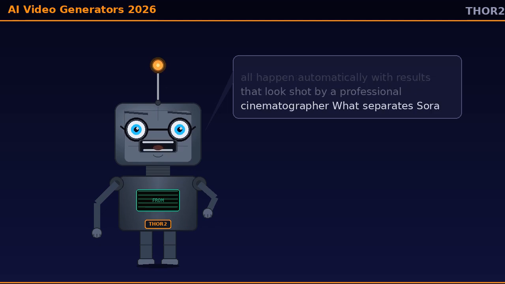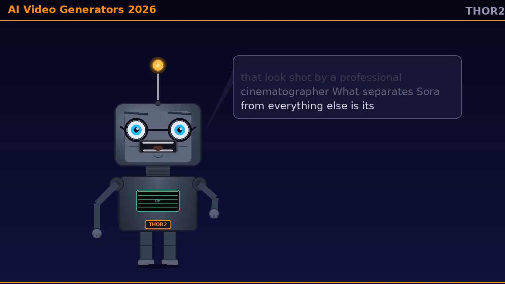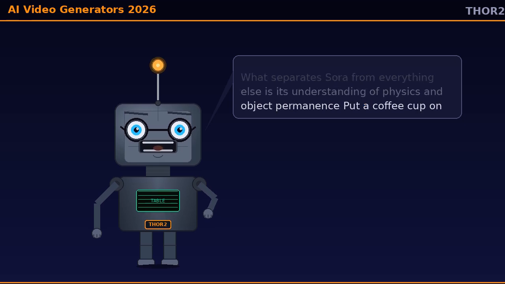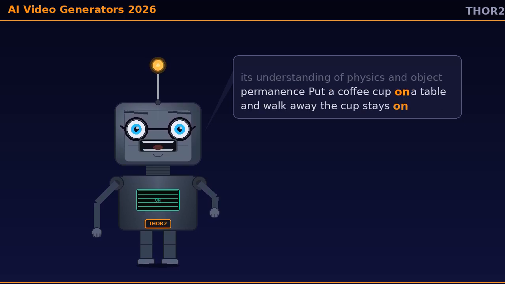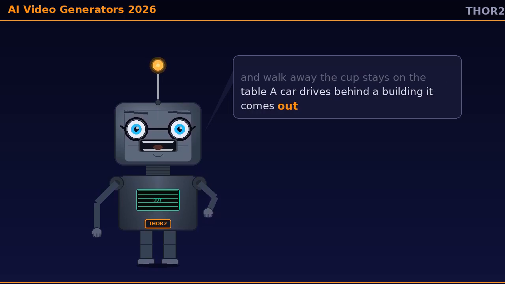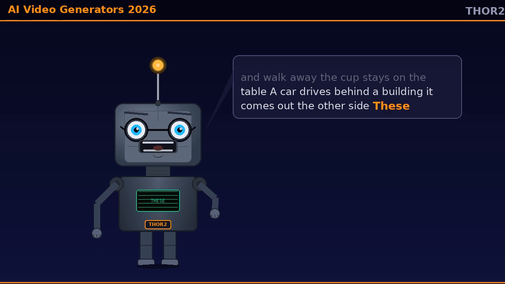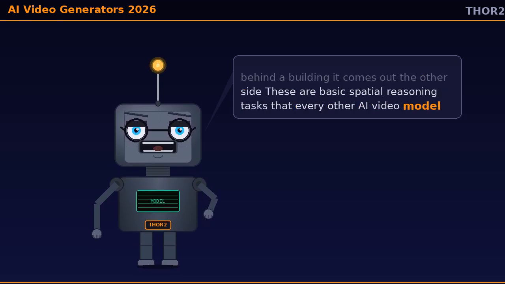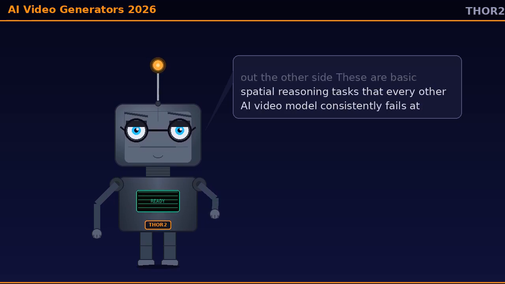What separates Sora from everything else is its understanding of physics and object permanence. Put a coffee cup on a table and walk away, the cup stays on the table. A car drives behind a building, it comes out the other side. These are basic spatial reasoning tasks that every other AI video model consistently fails at.